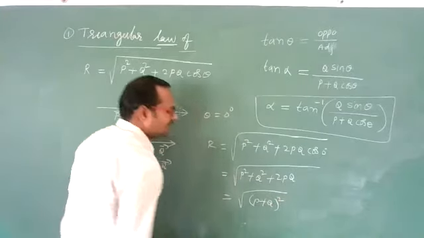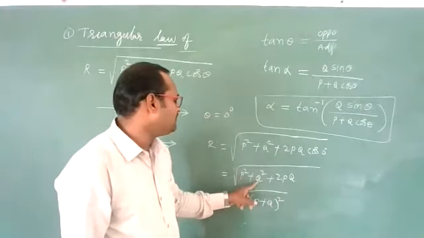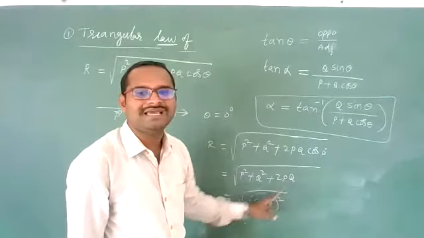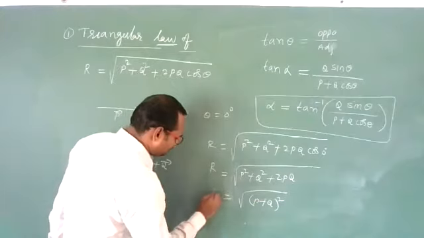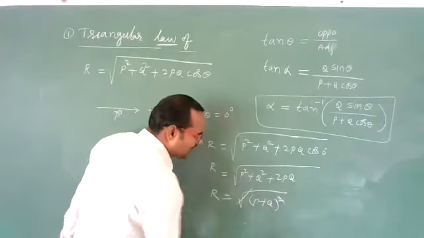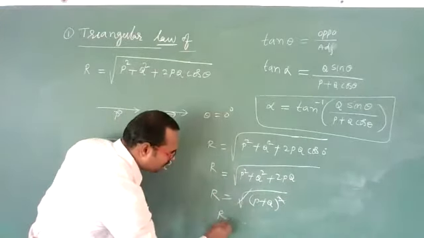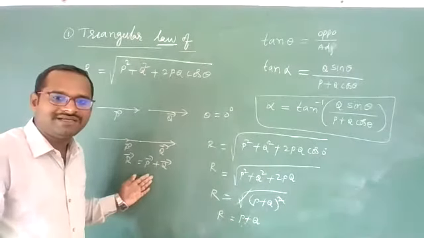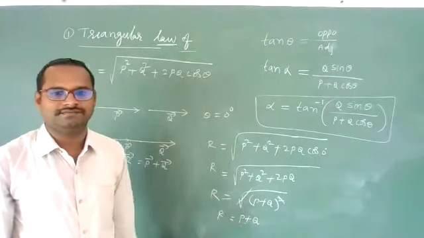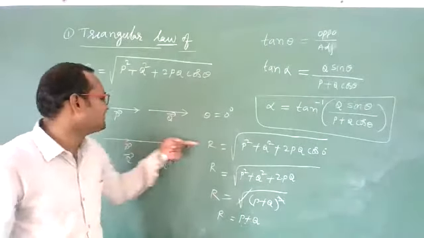Do you know? a square plus b square plus 2ab is a plus b whole square. The root and the square cancel out. You will get r is equal to p plus q. Graphically, what we got, mathematically also we got the same. Just it will give the direction like this.